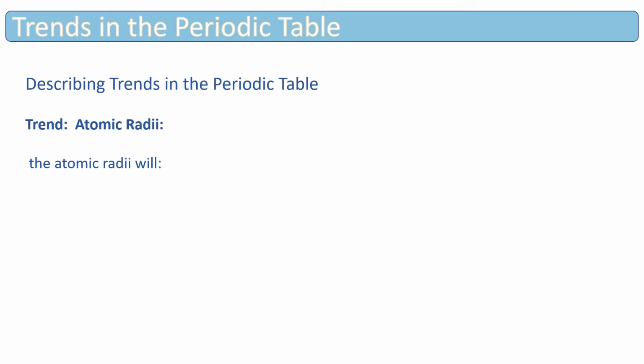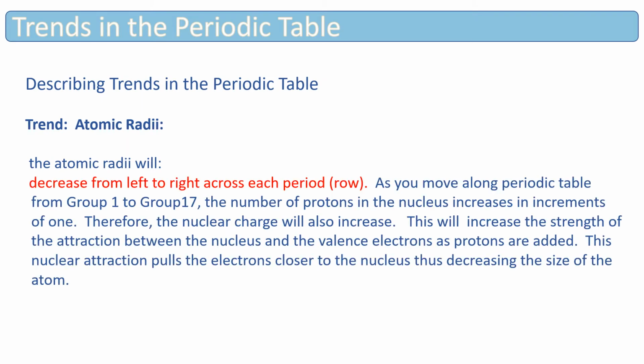The atomic radii will decrease from left to right across each period or row. So as you move along the periodic table from group 1 to group 17, the number of protons in the nucleus increases in increments of 1. Therefore, the nuclear charge will also increase.